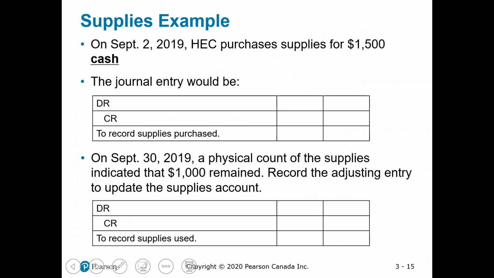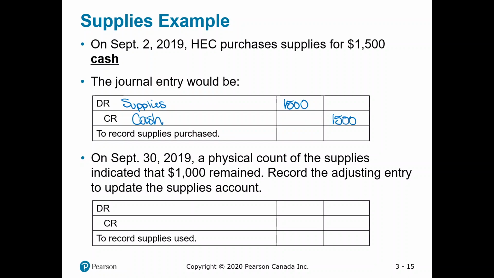Okay, we'll take a look at another example, a supplies example. So on September 2nd, 2019, HEC purchased supplies for $1,500 cash. So again, the journal entry to record this is nothing new. We learned this in our previous chapters. We would debit supplies for the $1,500 and we paid cash, so that is a credit.